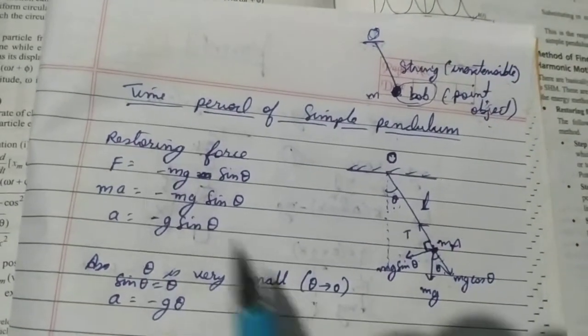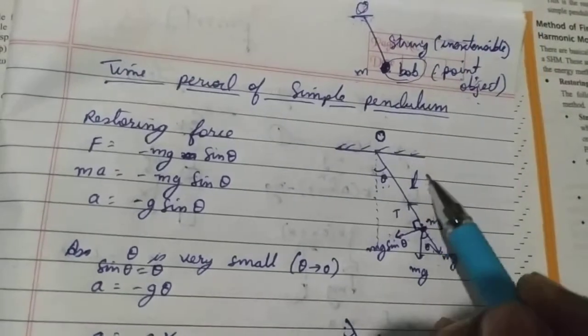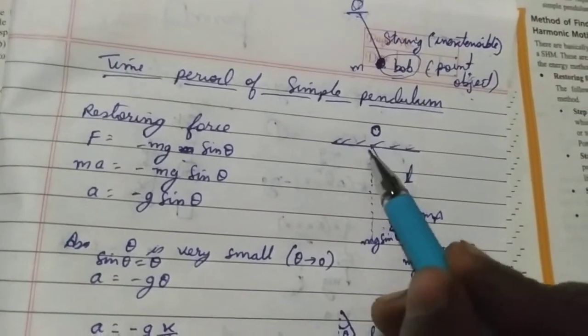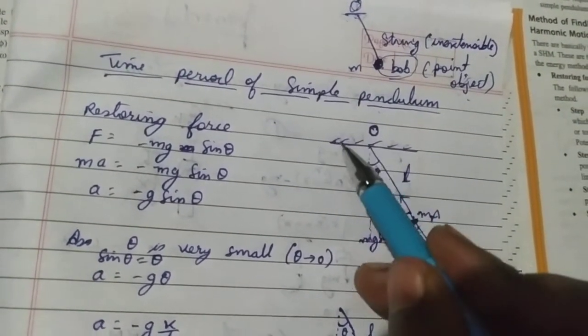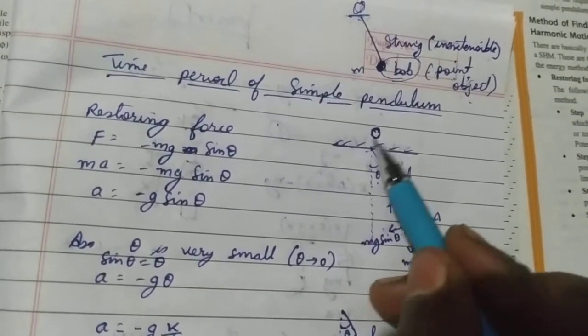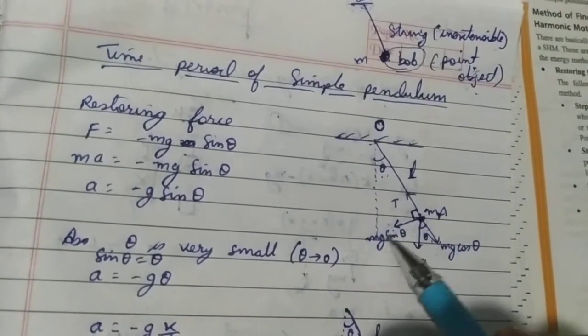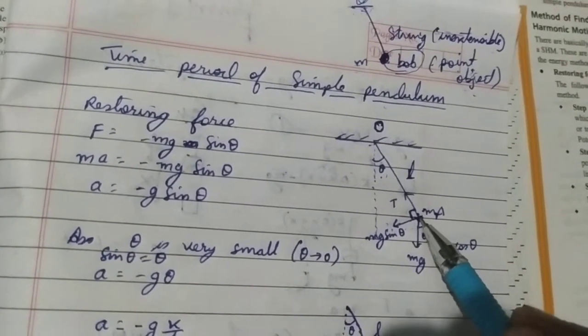Okay, so now let us learn how to calculate the time period of a simple pendulum. Here in the diagram we have a pendulum which is hanging from point O on the ceiling. Suppose we have displaced this mass m.